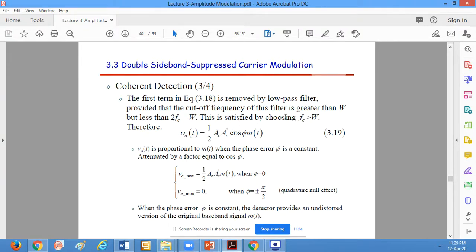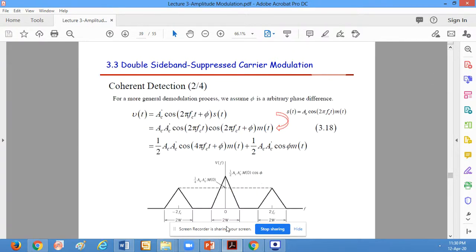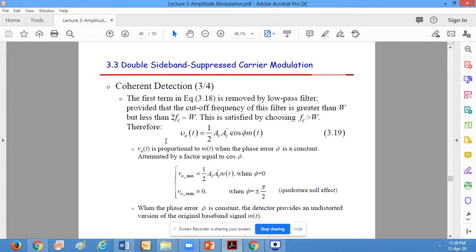It is assumed that the cutoff frequency of the filter should be greater than the bandwidth W of the message signal, but less than 2fc minus W. If it is greater than that, this part will also be available at the receiver side, which we do not require. Hence the cutoff frequency should be greater than W and less than 2fc minus W. So this is what we get at the receiver side.